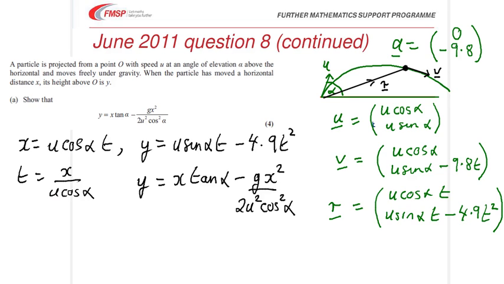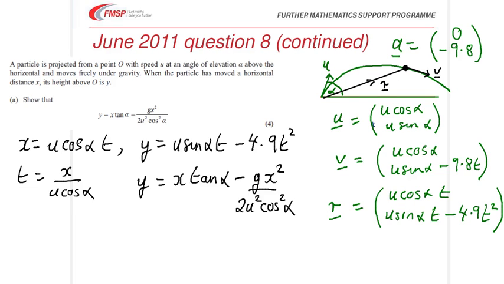Then it drops out because sin alpha over cos alpha gives you tan alpha. The u's cancel. Oh, they've used, instead of 4.9, g over 2. So practice that because it's easy marks if it comes up.